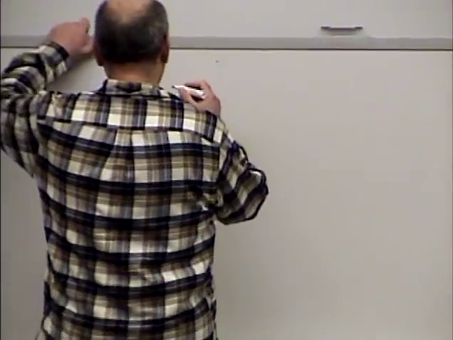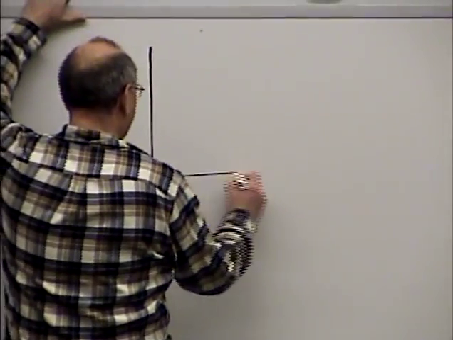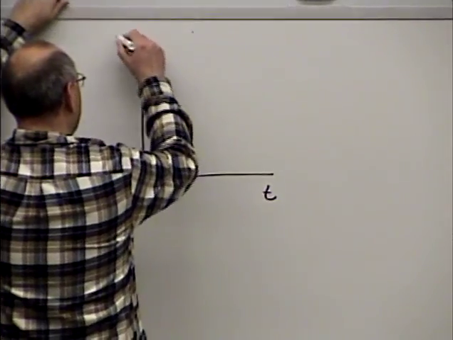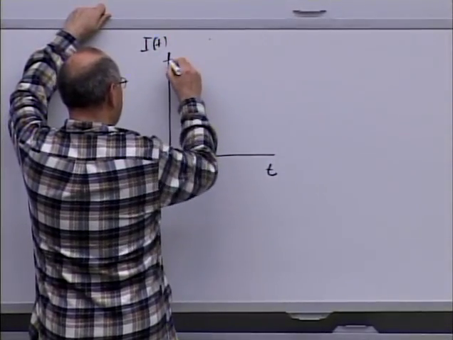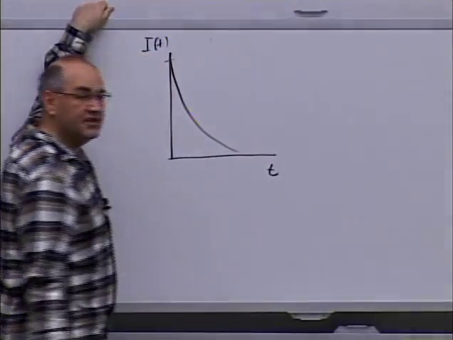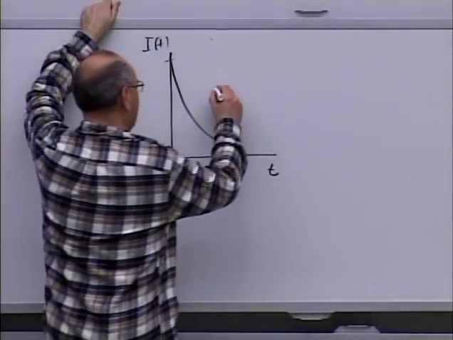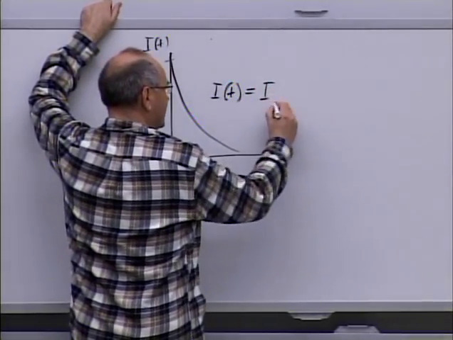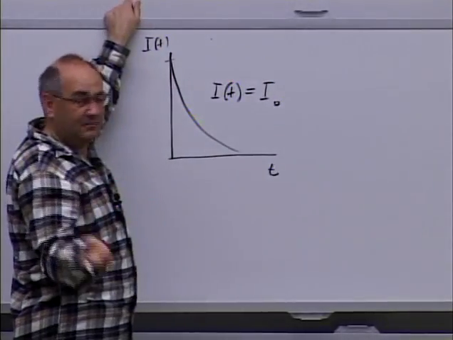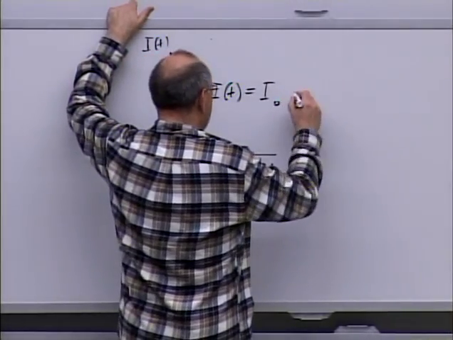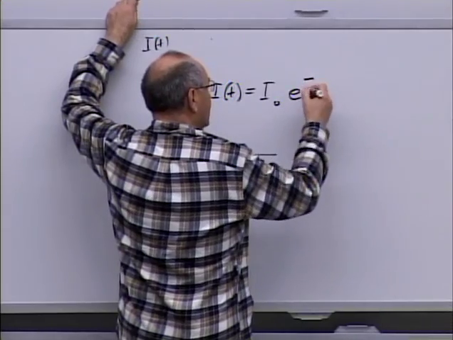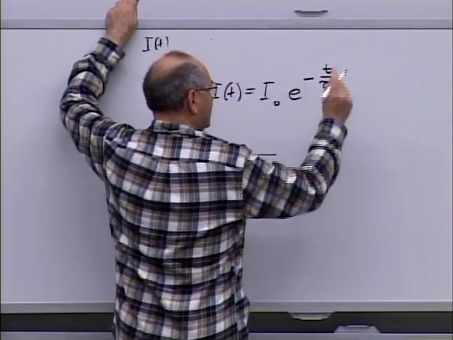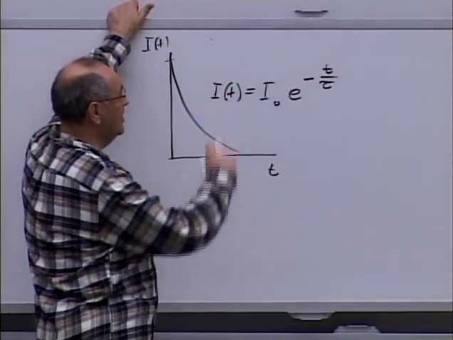So consider that when we turn off the lamp, here is time, and here is intensity, and the intensity decreases exponentially with time. So we will have that intensity at an arbitrary instant t is equal to the initial intensity times an exponential function of time, minus t over a certain time constant.